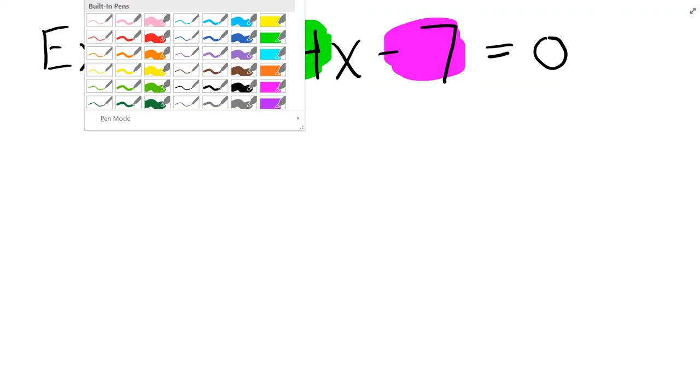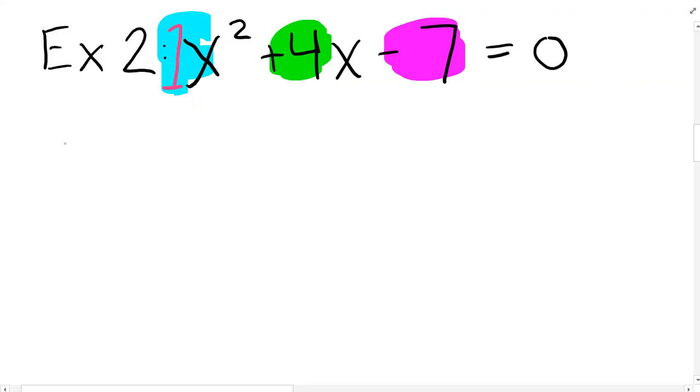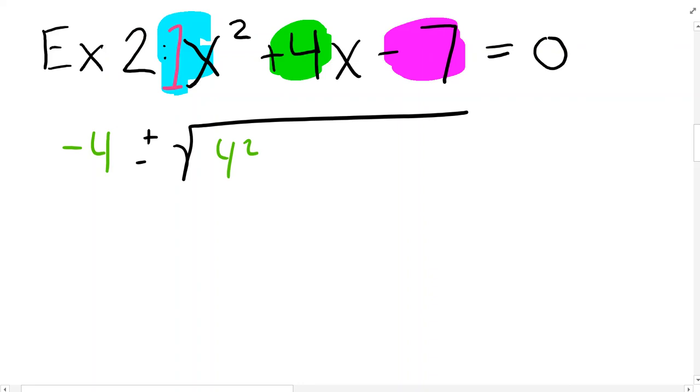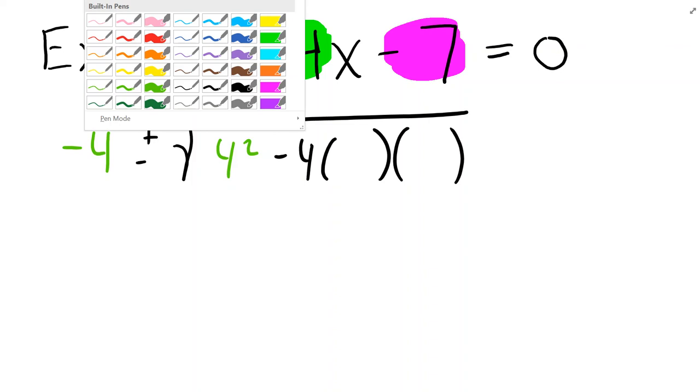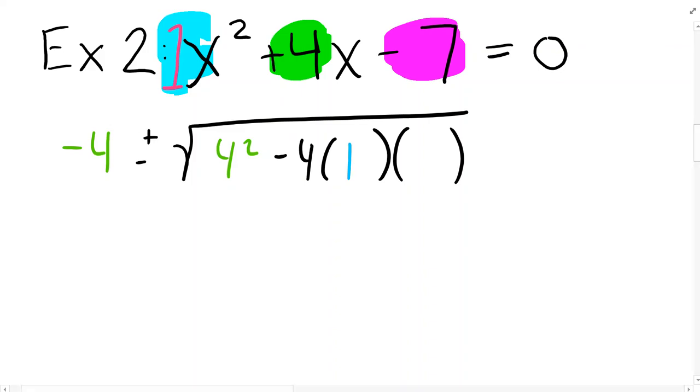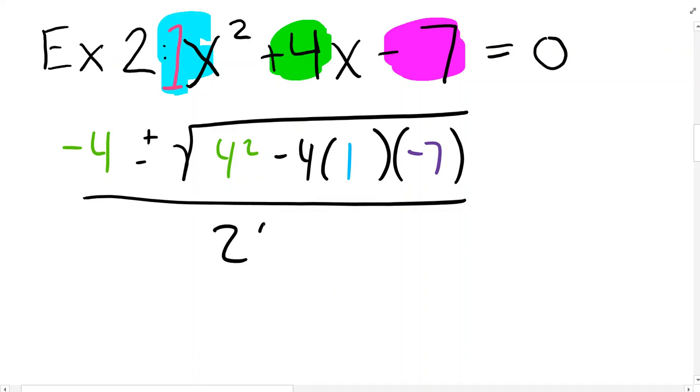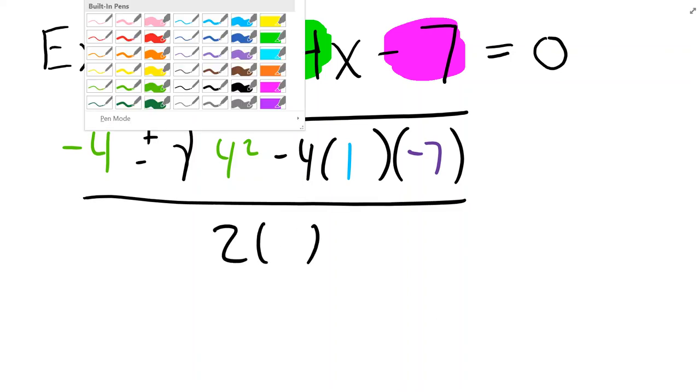And so when I go to plug this into my equation, I'm going to have -4 plus or minus the square root of 4 squared minus 4 times a times c, where my a is 1 and my c is -7, and then that's going to be all over 2 times 1.